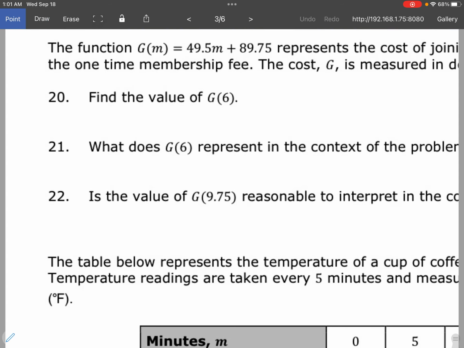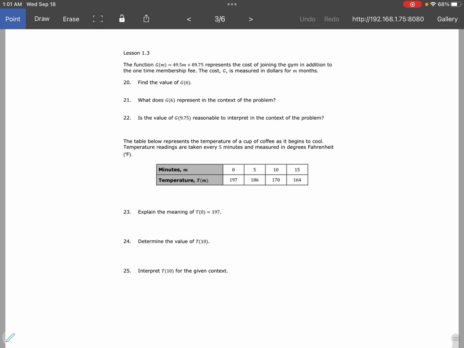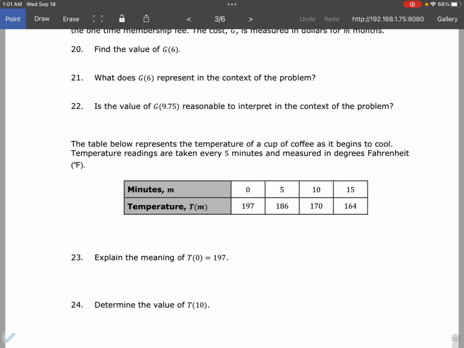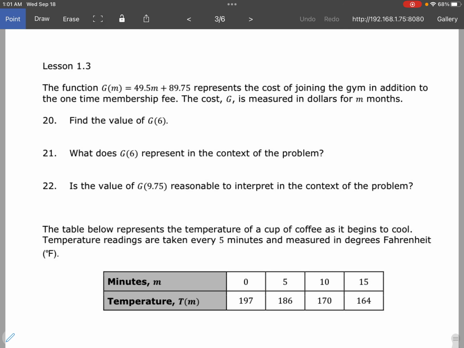Anyways, let's get to 1.3. And then 1.4 is going to be for my second video, okay? Let's try to get through this one real quick. So the function g of m is 49.5m plus 89.75, and it represents the cost of joining the gym in addition to a one-time membership fee.